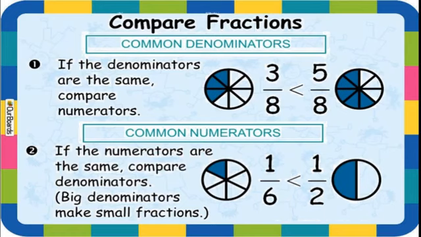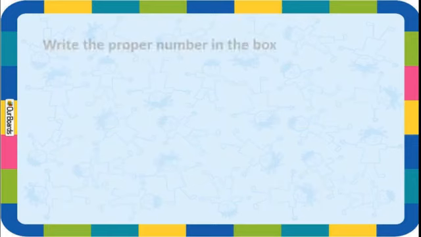And in the second, the circle is divided into 2 equal parts and one part is chosen. So the second one is more compared to the first one, isn't it? So remember this, whenever the numerators are the same, the smaller the denominator, the bigger the fraction. Okay, and vice versa.